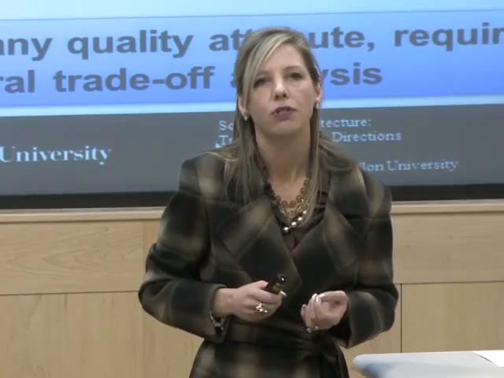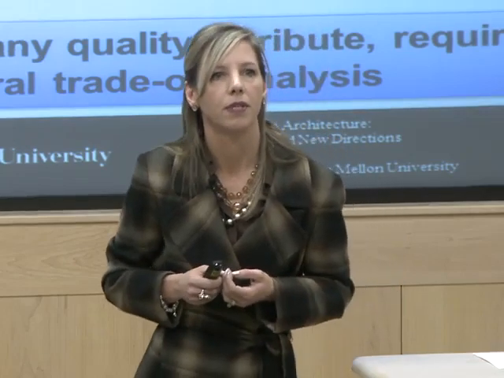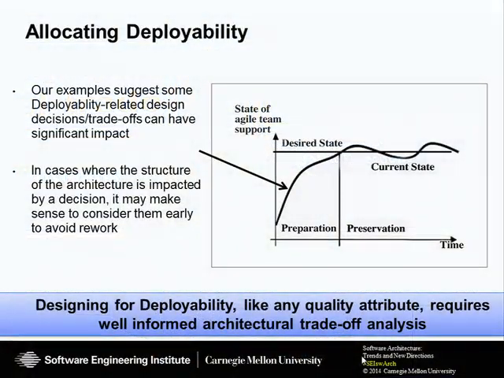So, how do you determine which ones are the ones that you really want to focus on? Here we suggest that in cases where the structure of the architecture is impacted by a decision, it really makes sense to consider those early, of course. Examples are like the reworking example that we gave, taking out the web services layer.